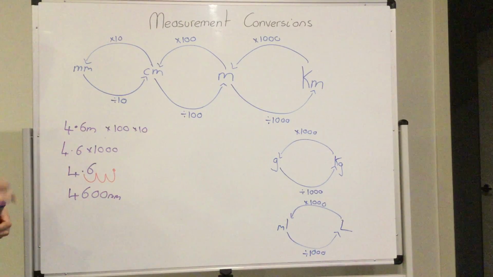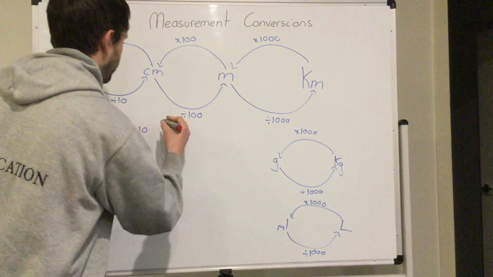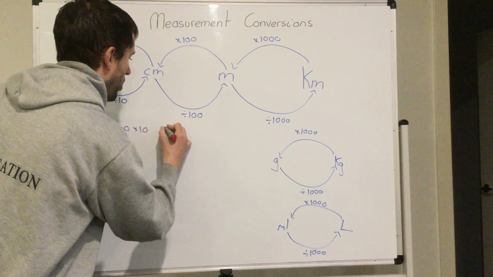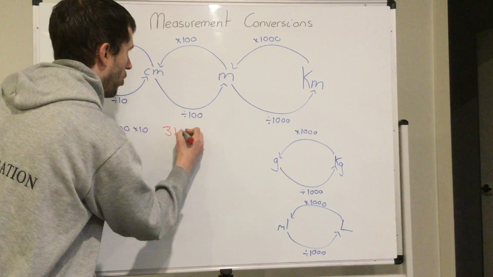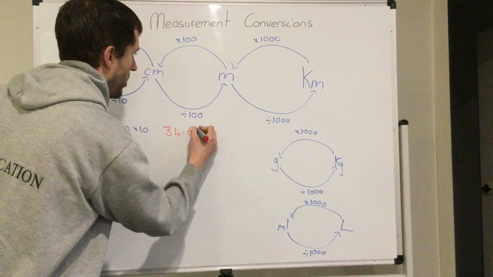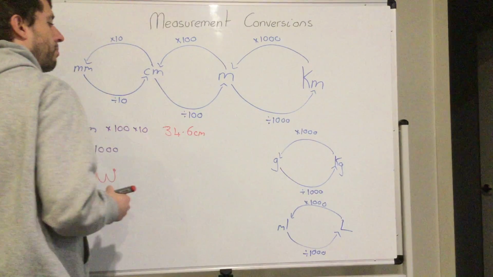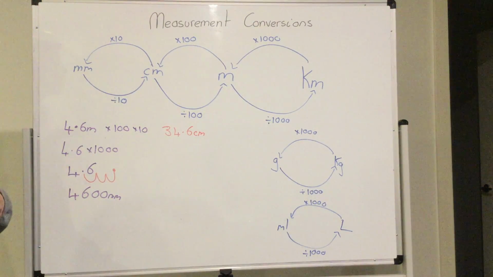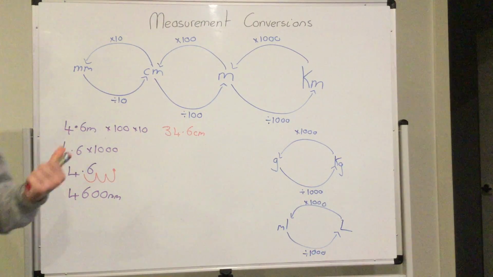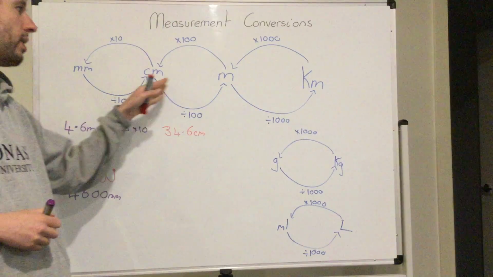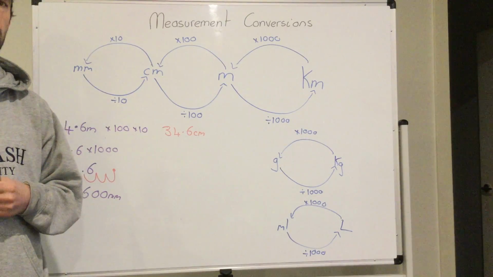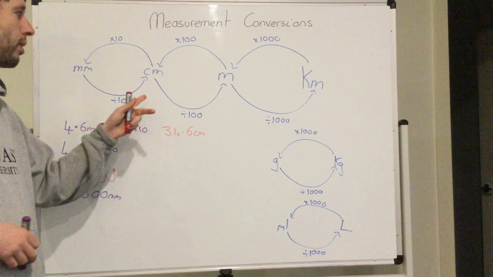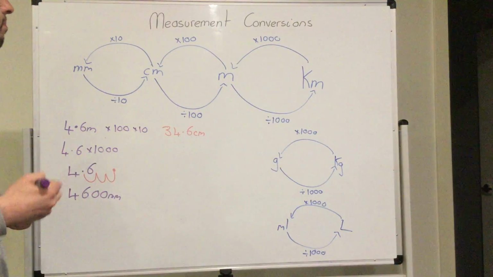Exactly the same way if I said I had 34.6 centimeters. And I would like you to change it into meters. Well, the first thing I think about is how many centimeters is in a meter? 100. Well, straight away I know it's going to be 0 point something because this is not equal to a meter.